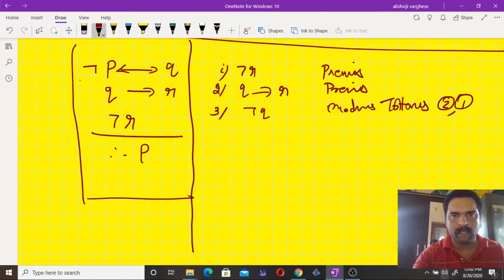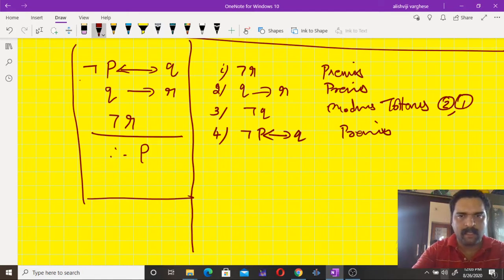Now, negation Q is there. Now what we have here is negation P if and only if Q. That is again our premise. Now we are going to use a tricky method. Here we are looking for the conclusion that P is true.